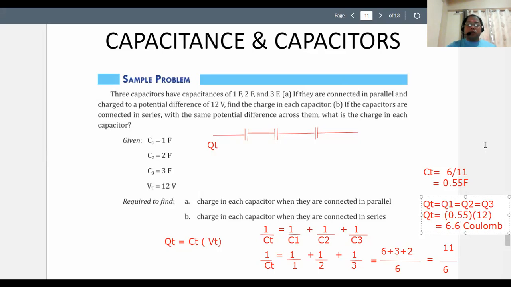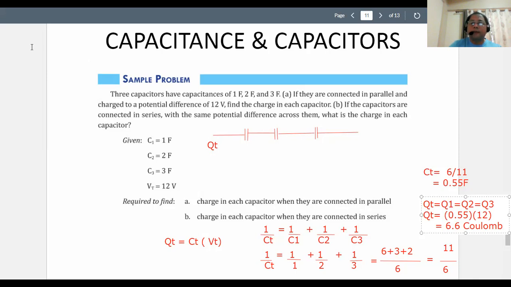So that's the total charge, and that's the charge in each capacitor, because Q sub total is simply passing from capacitor 1 to capacitor 2 to capacitor 3. So they will have the same charge all throughout, until this charge goes back to the battery. If you complete your circuit, there's a battery attached below to our Q1, Q2, and Q sub 3. So again, that's the significance of the total charge to each value of the charge also passing in each capacitor.